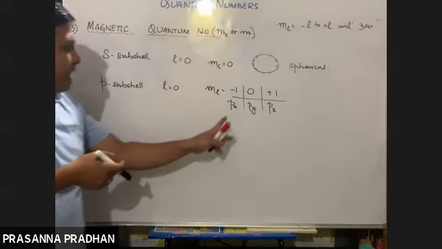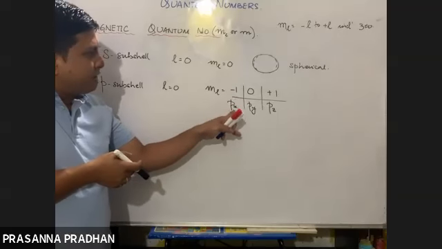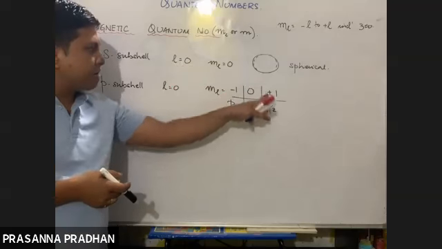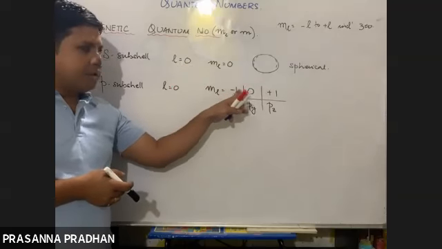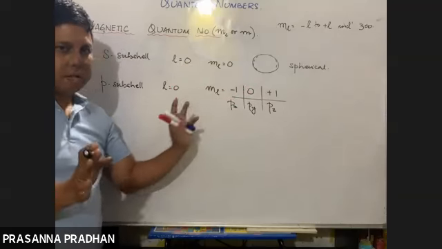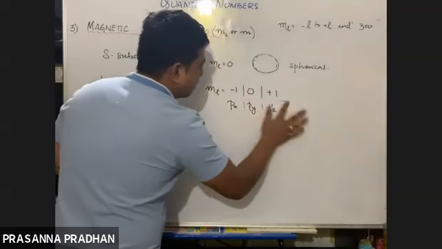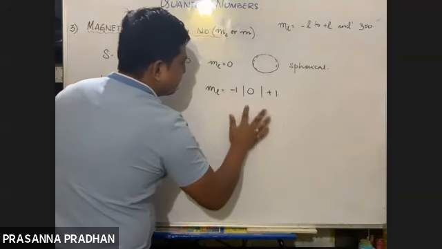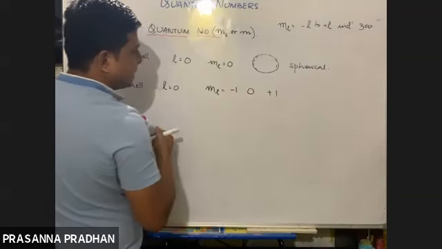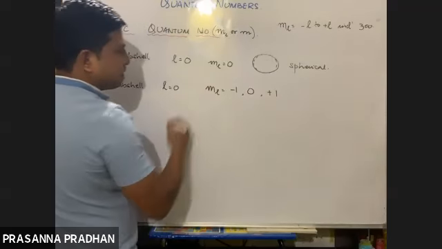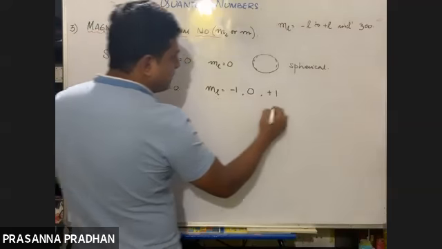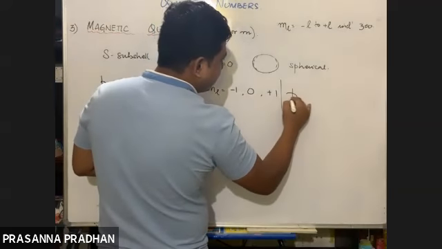So in fact, the values of ML and this symbol are not related. That means ML of -1 does not mean that we are talking about Px. Okay, so it will be wrong to write like this. There are 3 values of ML. So what are the 3p orbitals?